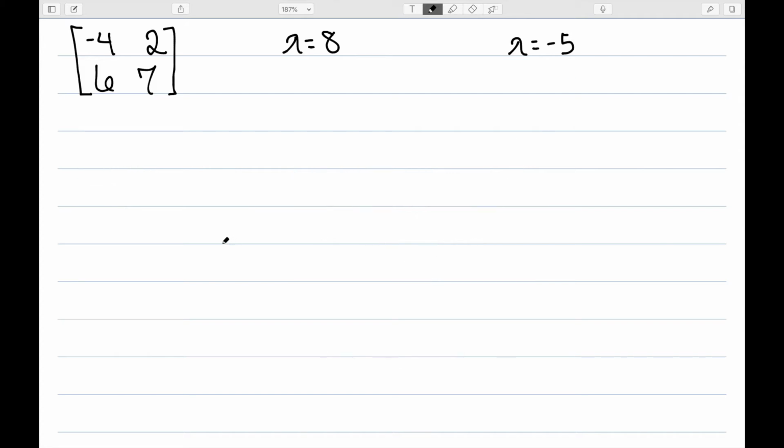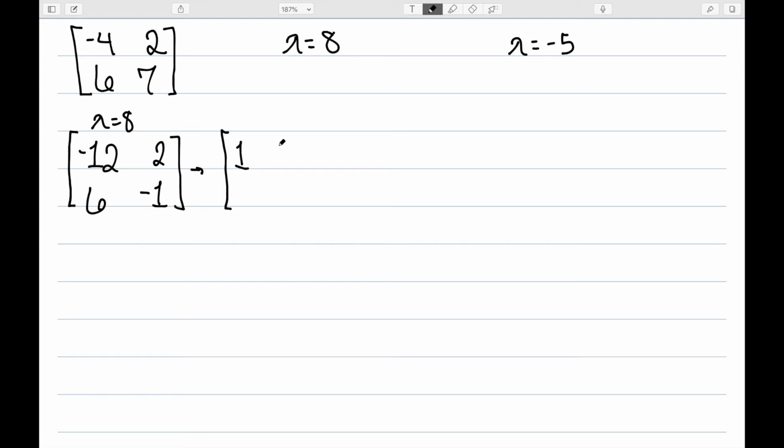Now that I have my eigenvalues, let's find the corresponding eigenvectors. I'm going to start with lambda equal to 8. So we subtract this from the diagonal. -4 minus 8 is -12, 2, 6, and 7 minus 8 is -1. When we reduce this matrix, we get 1, -1/6, 0, 0. Therefore, my equation is x1 minus 1/6 x2 equal to 0.